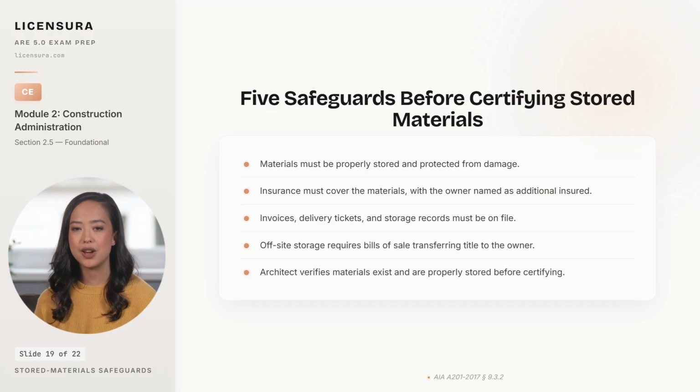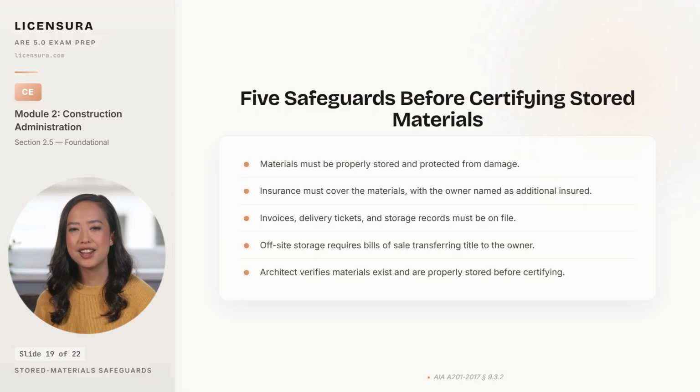Fourth, off-site storage requires bills of sale transferring title to the owner before the architect certifies payment, because without title transfer, the owner is paying for materials that legally belong to the contractor's supplier. And fifth, the architect verifies that the materials exist and are properly stored before certifying.